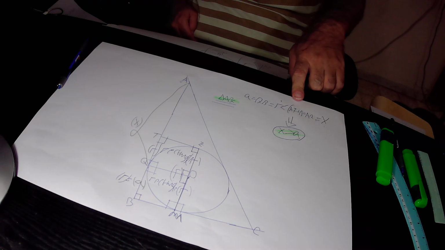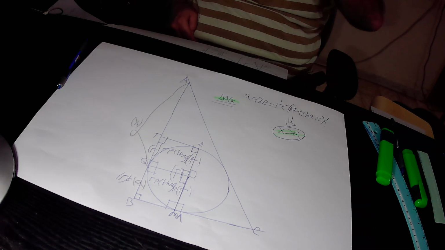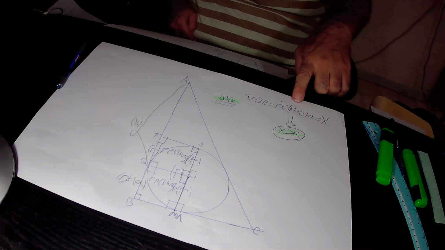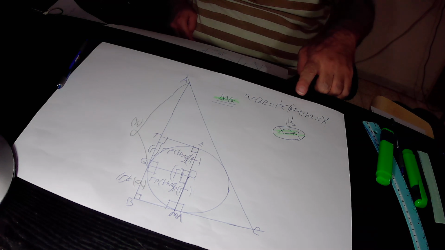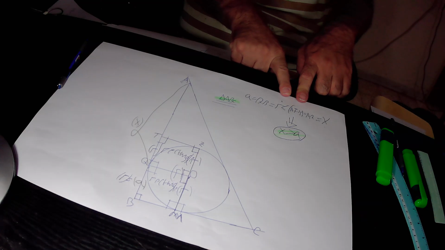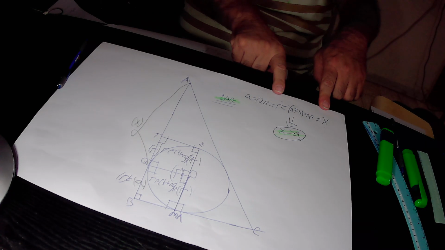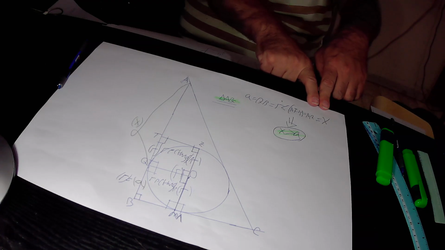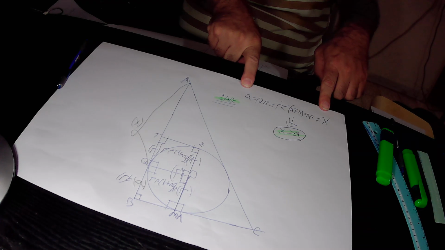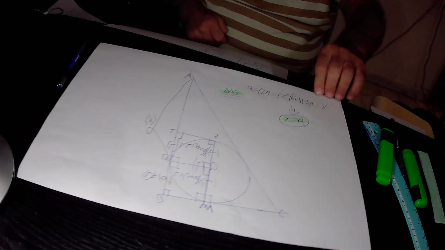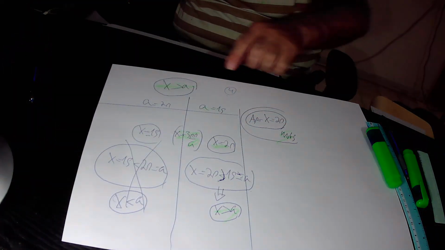Repeat again, AT is a positive number because it is a length, and therefore R plus AT must be greater than R. And from this long inequality, A equals QB equals R is less than AT plus R equals AQ equals X. From this long inequality, we derive that X is greater than A. Okay, X is greater than A. So we just found out that X is greater than A.